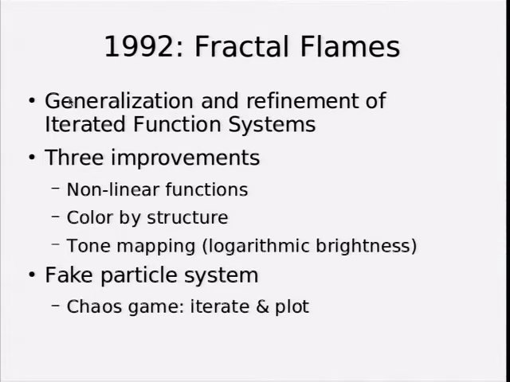One was replacing those matrices with nonlinear functions. The other was adding color, in particular adding color by structure. The third thing was tone mapping, which is a way of handling large dynamic range in an image. What it comes down to is this rendering algorithm, the algorithm which draws all the pictures that you just saw.